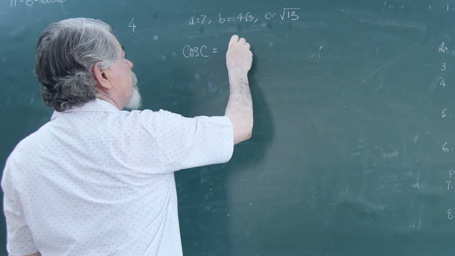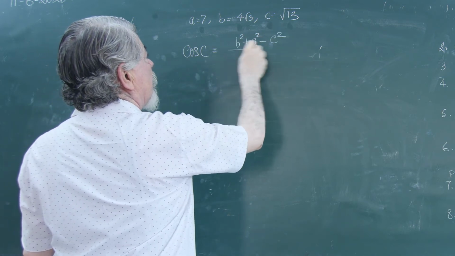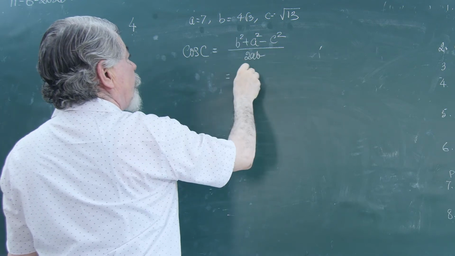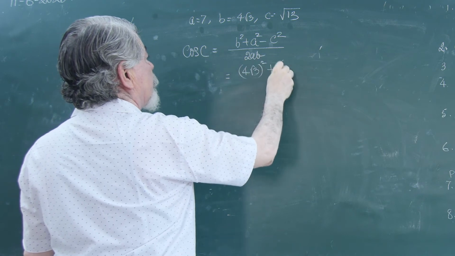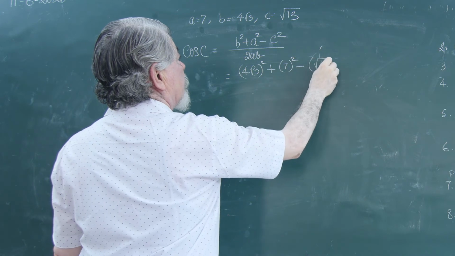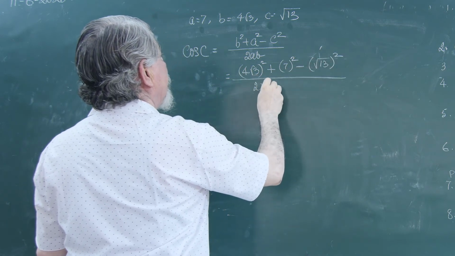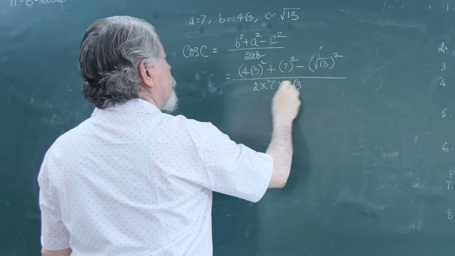So cos C will be B square plus A square minus C square upon 2AB. Now B is 4 root 3 whole square, plus A square is 7 square, minus C is root 13 whole square, upon 2 into A, that is 7, into B is 4 root 3.